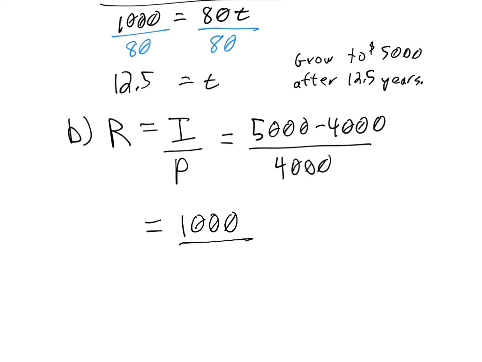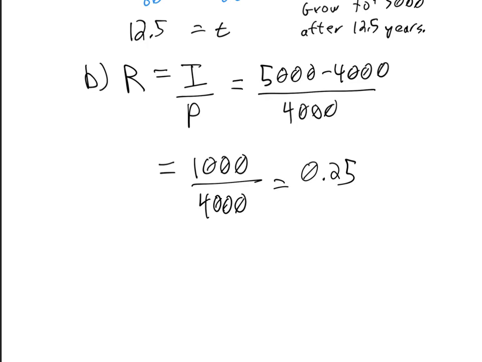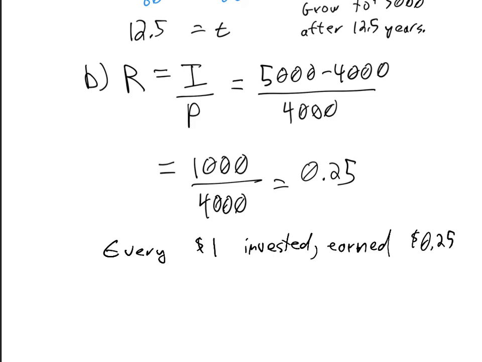And that means that our rate of return is going to be $1,000 divided by $4,000, 0.25. Now, what does a rate of return mean? What does a rate of return of 0.25 mean? It means that for every $1 which was invested, we earned 25 cents of interest.